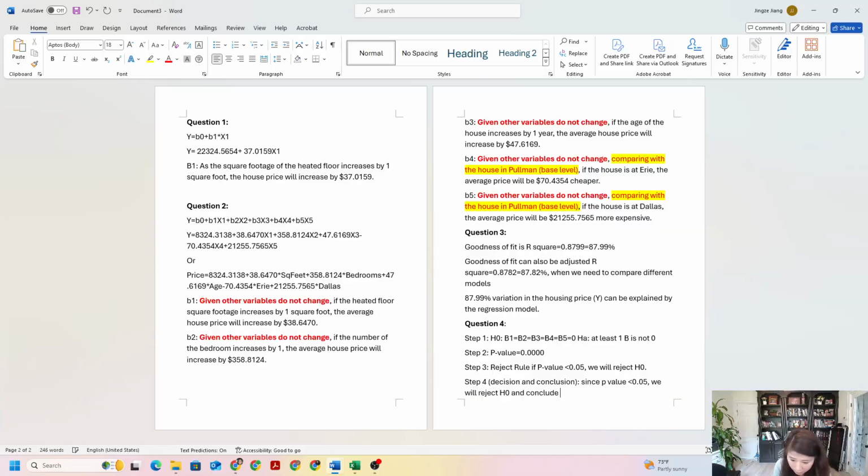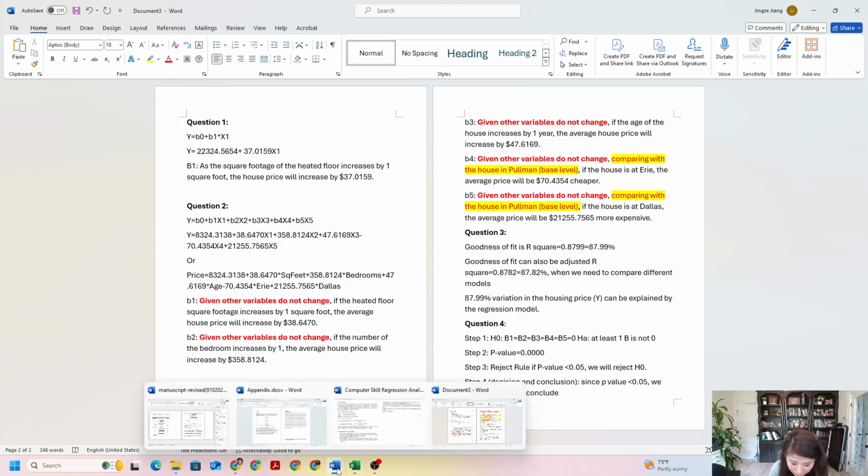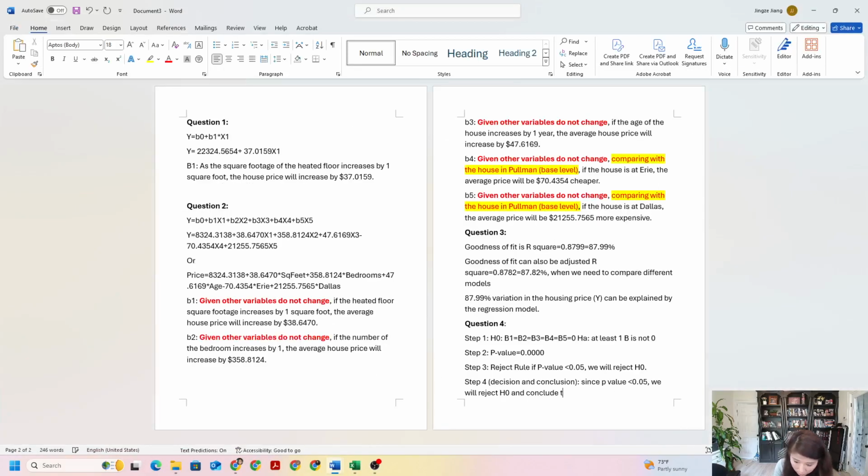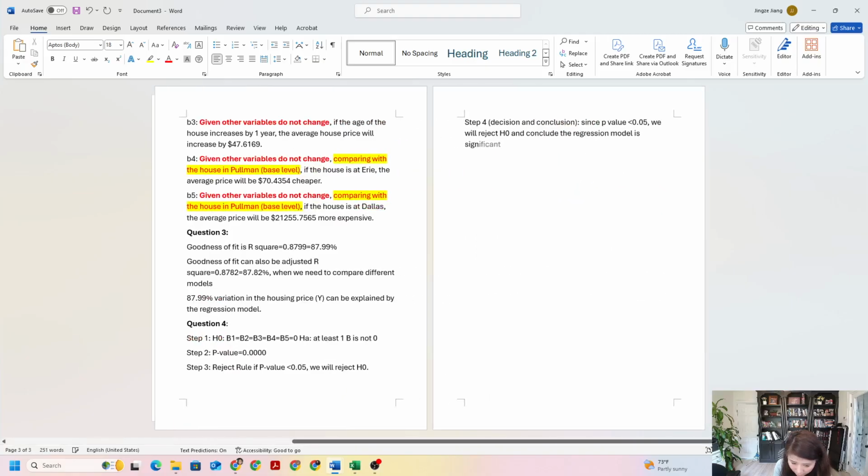Don't forget our conclusion. Because the question was asking, do you think the regression model works well to predict the house price? Basically, we conclude the regression model is significant, which is what we are looking for, and the model can predict the house price well.